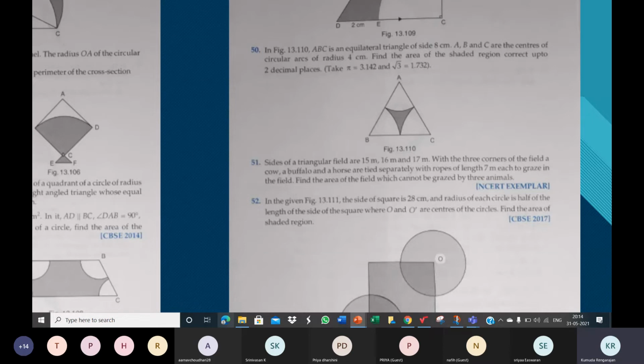Pi r square by 360 is common. So in the bracket you have angle A plus angle B plus angle C. But we know that the sum of the three angles of a triangle is 180. So pi a square by 360 into 180. 180 and 360 simplify to 1 by 2. That way we have half pi a square.